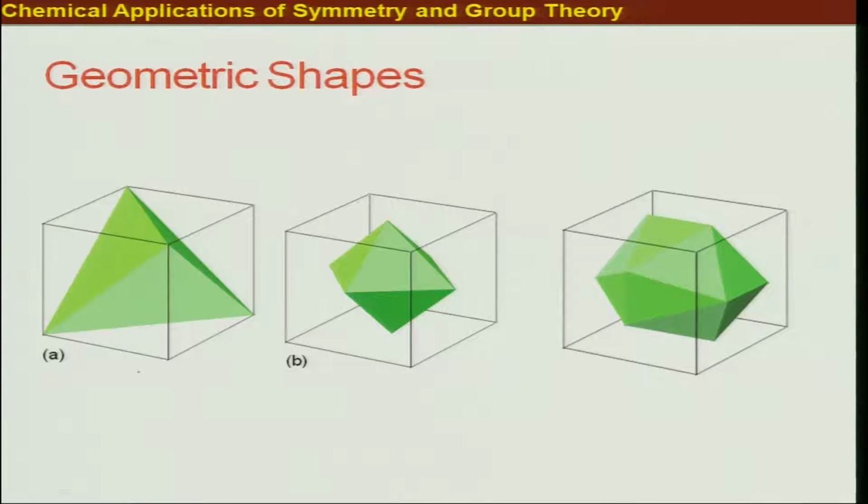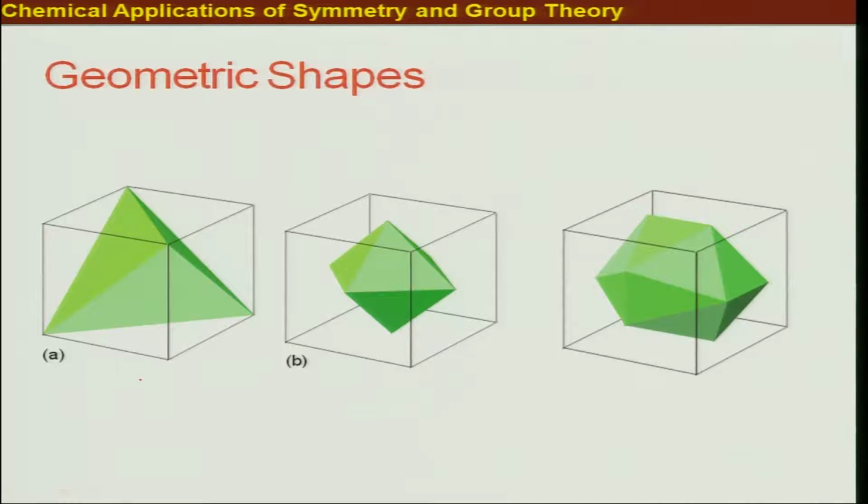So here this is my tetrahedron. For a tetrahedral structure, you can find out what the symmetry operations are. For a tetrahedron you have more than one C3, exactly the way we found it for CH4, right? So you have multiple axes of higher order rotational symmetry.